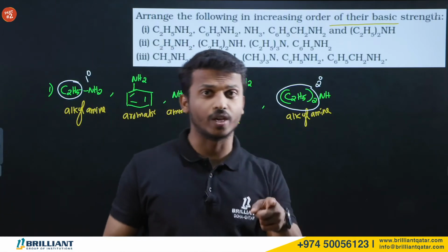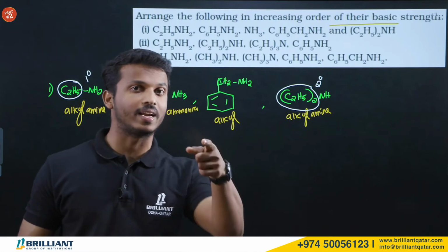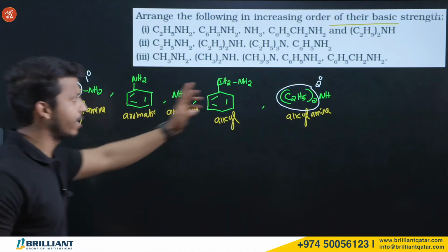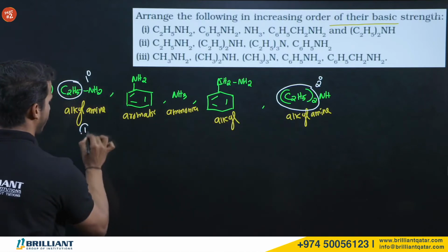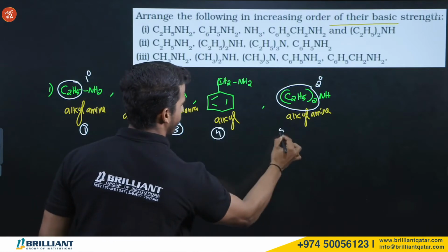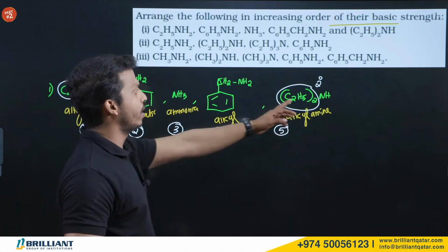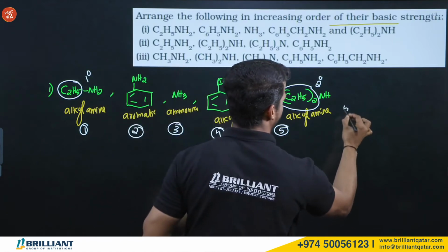We know tertiary greater than secondary greater than primary. So which is secondary here? This one. I'm numbering these compounds 1, 2, 3, 4 and 5. So the fifth one is the secondary, having more basic character.